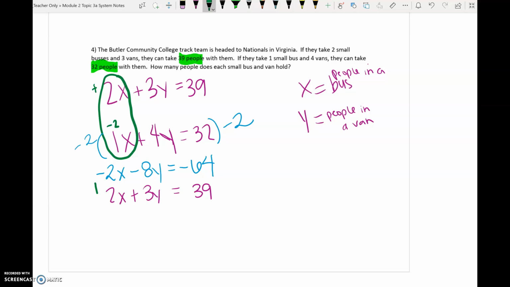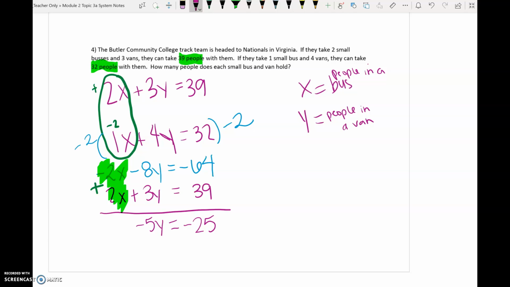So now comes the fun part of adding. So when I add these 2 equations together, my negative 2x and my positive 2x are going to cancel. I'm going to be left with negative 5y equals negative 25.